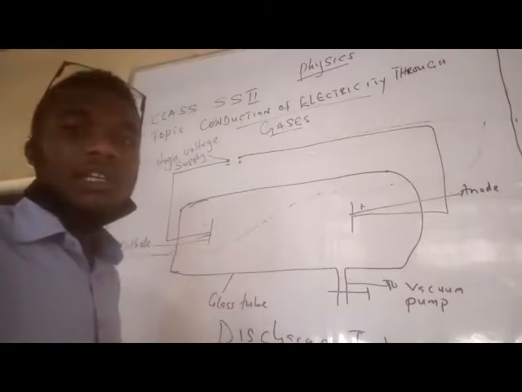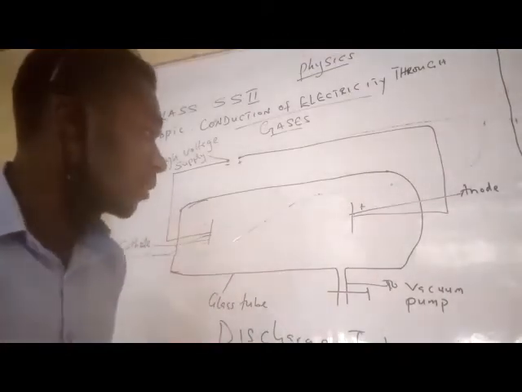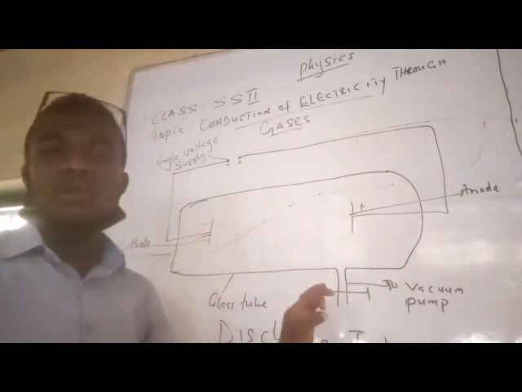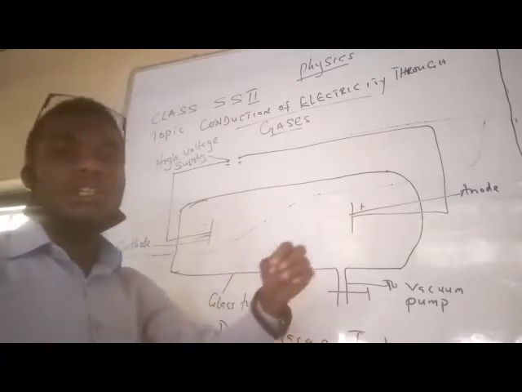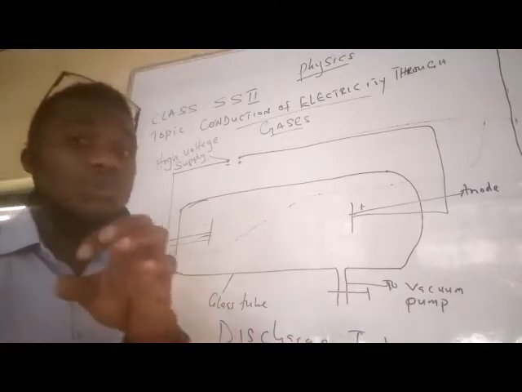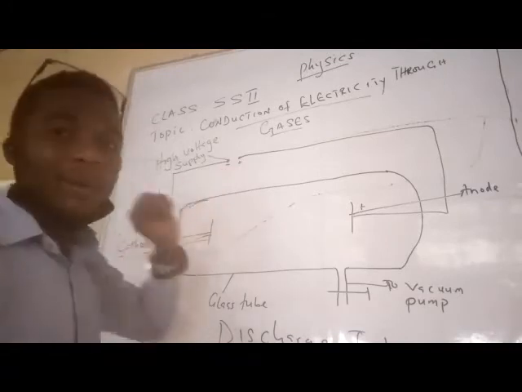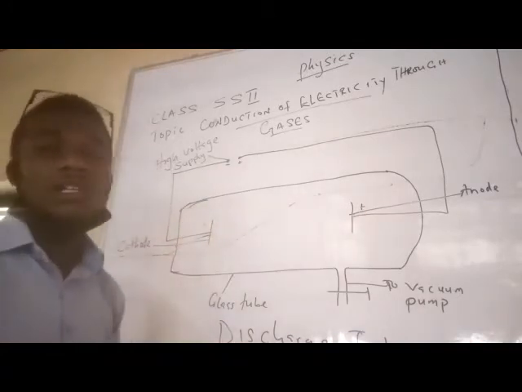The cathode being the negative terminal and the anode being the positive terminal. And it also has a vacuum pump control. This vacuum pump control is connected to a vacuum engine, whereby air is sucked out of the container. And it also contains a power supply. This whole configuration gives you what we call a discharge tube.